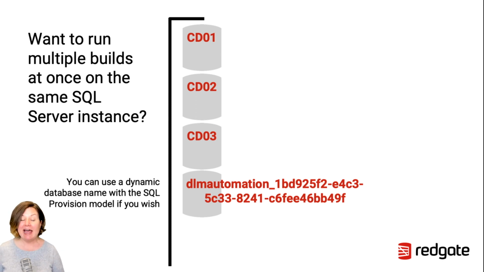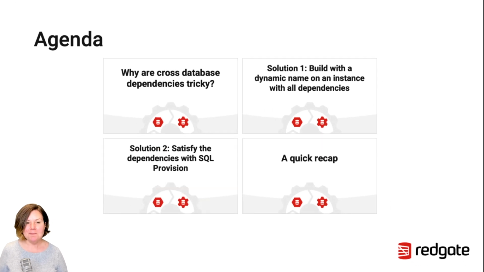So you absolutely have the choice with the provision model as to whether or not you want to have one build running per SQL Server instance. Of course, you could have multiple build servers, each with their own SQL Server instance, and parallelize that way. Or you could say, hey, we all actually want to build everything against this single SQL Server instance and use dynamic names so that we can have many concurrent builds running at the same time.